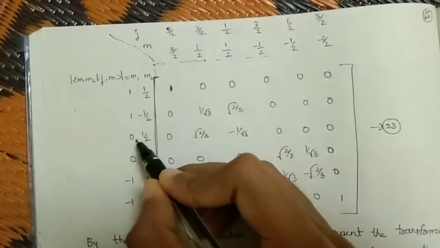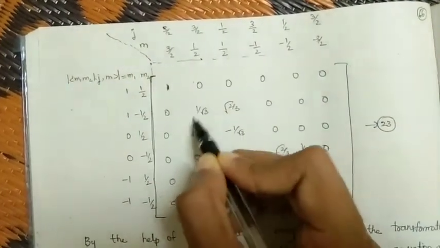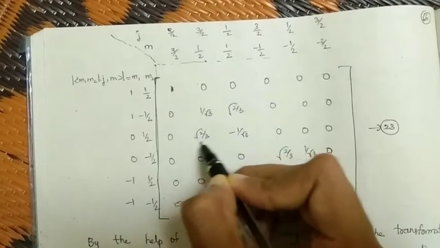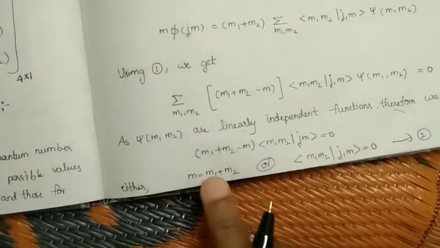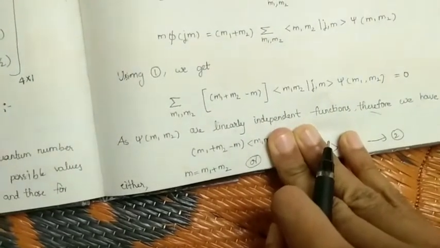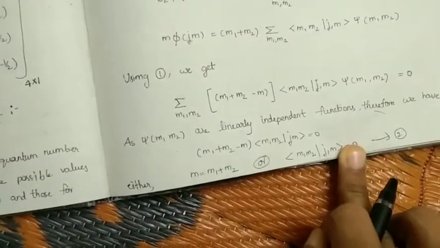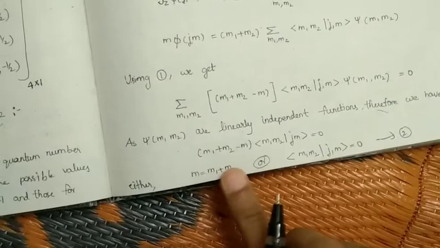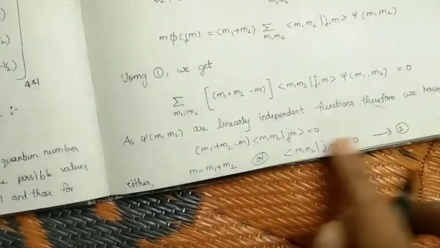And here also 0 plus half is half, so here also we have a non-vanishing Clebsch Gordan coefficient. So this is the meaning of this equation. When m is equal to m1 plus m2, we have a non-vanishing Clebsch Gordan coefficient, that is, this is not equal to 0. And when m is not equal to this, the Clebsch Gordan coefficients are all 0. That is the meaning.